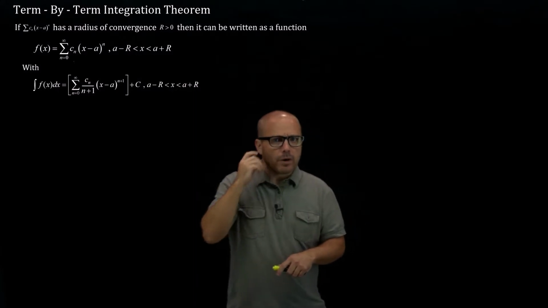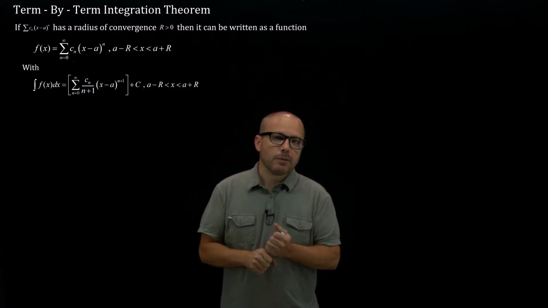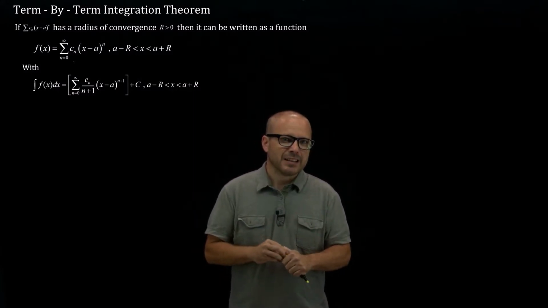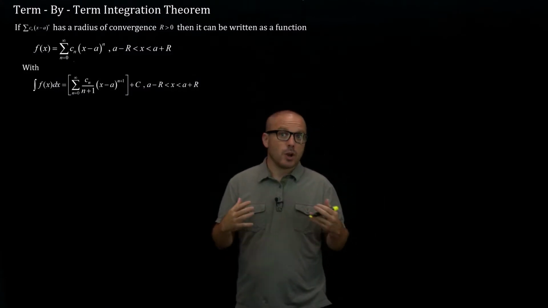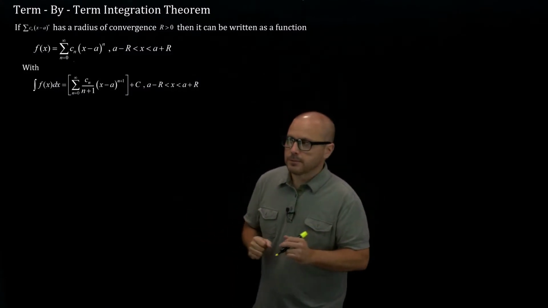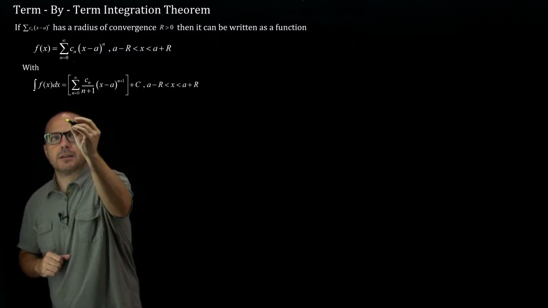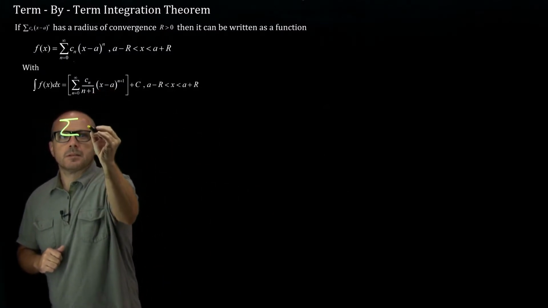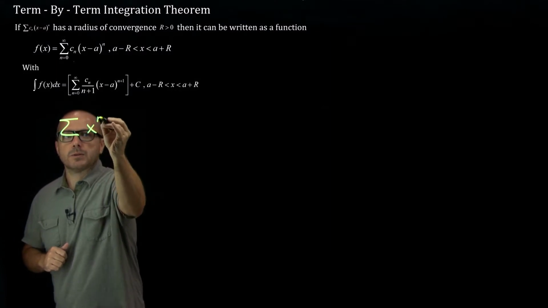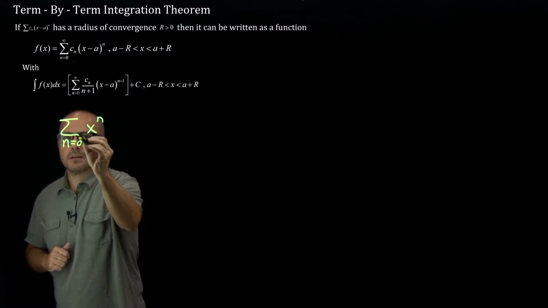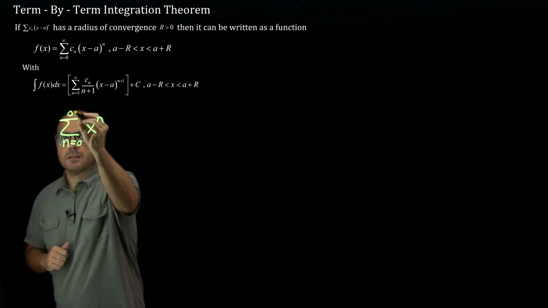So what I want to do is run through an example with the same one we did with term by term, because that's a nice example since we know what function it's equal to. So let's start with this guy that we had, our most basic power series.